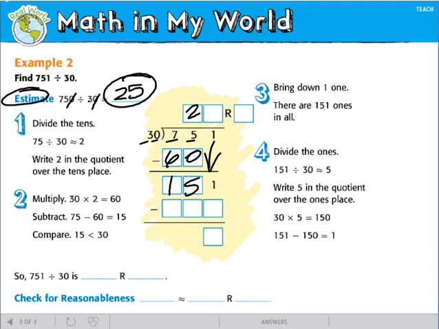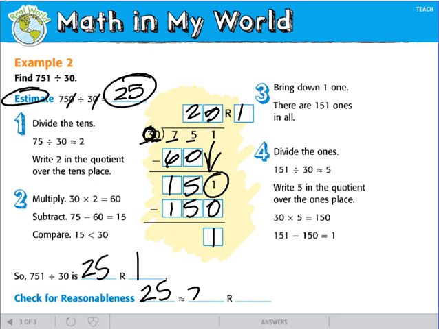If we ignore this 1 and just look at the 3 here, how many times does 3 go into 15? 5. 15. We have a remainder of 1. Okay? So this is 25, remainder of 1, and 25 is about 25, remainder 1. So therefore our answer makes sense.